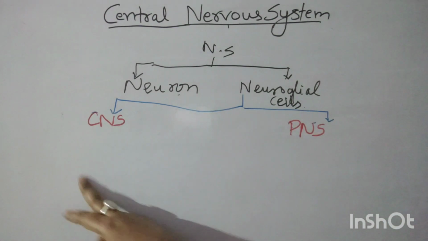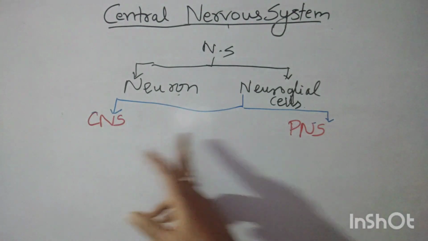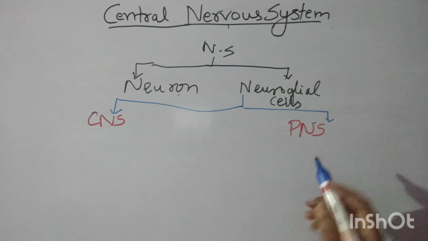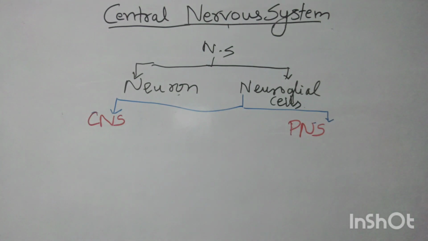Neurons in the CNS and PNS are similar, but the neuroglial cells present in CNS and PNS are different. We are going to study those in detail.